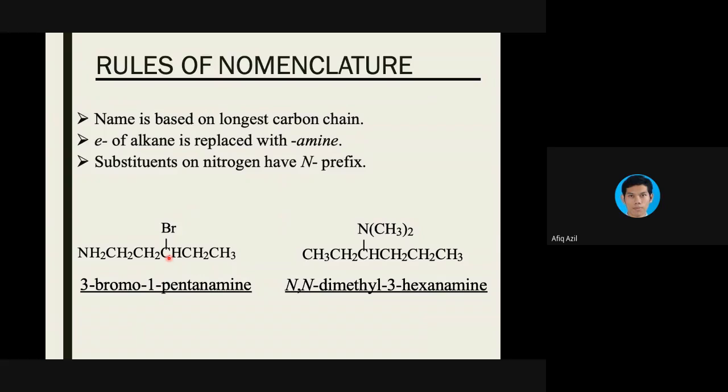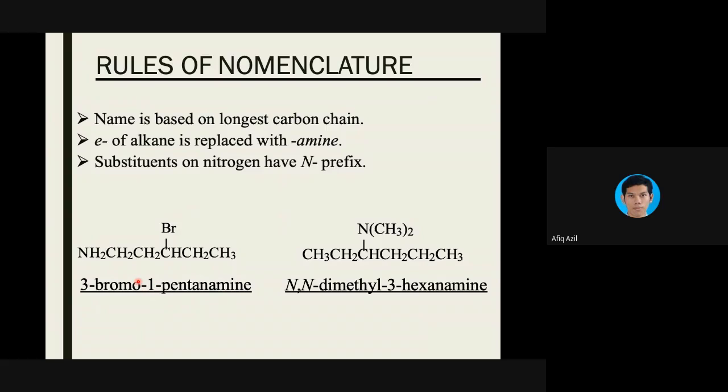This bromine is at carbon number 3, so you may write it as 3-bromopentanamine. Or you may also put the number 1 here to denote the position of the nitrogen at carbon number 1. So you can write 1 or you may not write 1. But if the NH2 is at a position other than 1, maybe at the second, third or fourth carbon, then you have to write the position number.